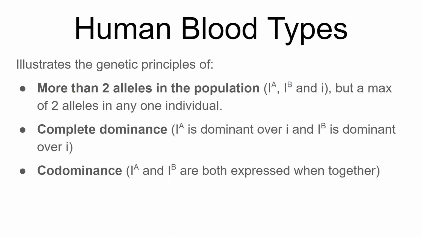So for some of our alleles, there is complete dominance. But for 2 of our alleles, we also have codominance. For example, IA and IB. And that should be easy to recognize because we have capital letter superscripts, which we know is codominant. And we have a little i. So we have 2 codominant alleles and a recessive allele. That's what makes blood types so fun.